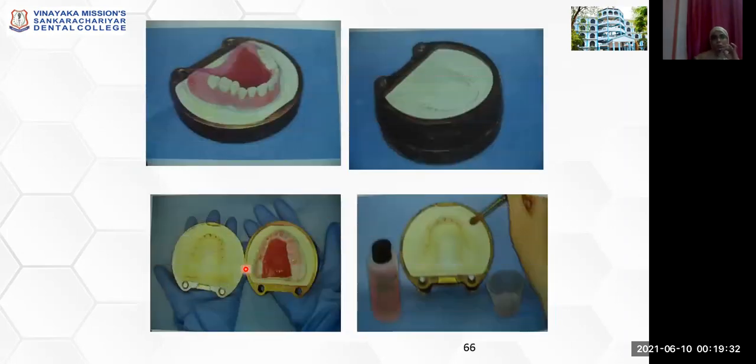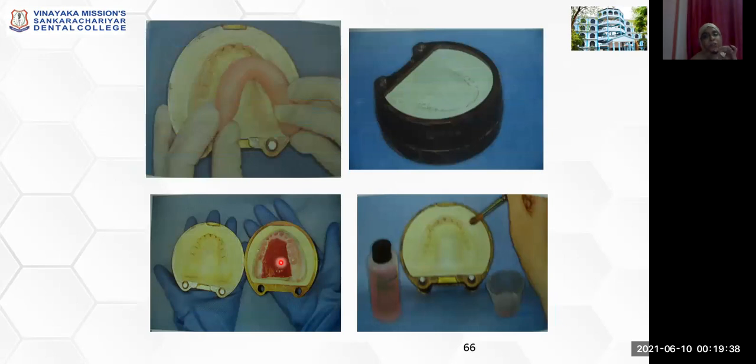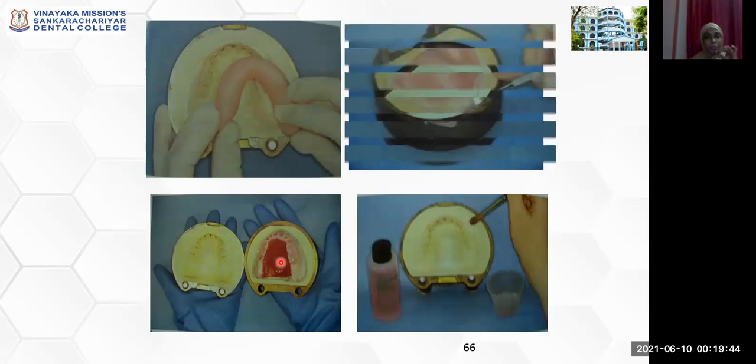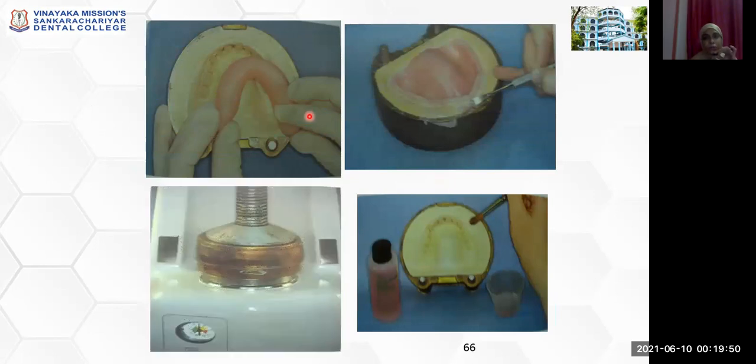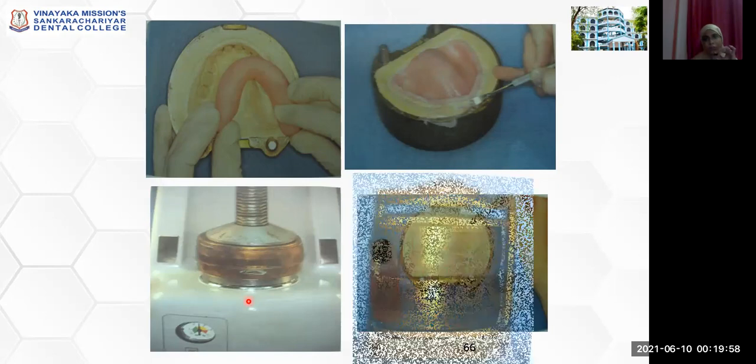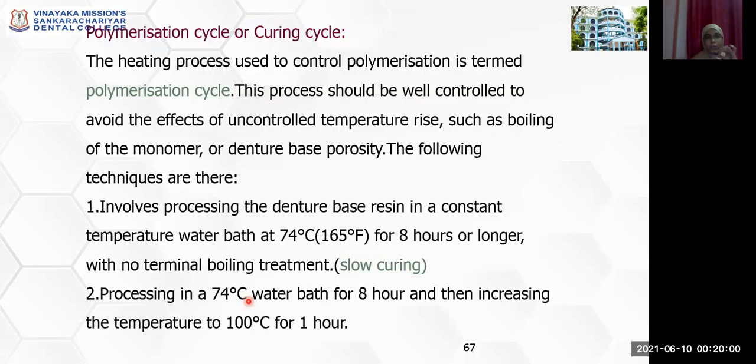So the mold space is prepared, you apply the separating medium, and then you pack it with the polymer monomer mix in the dough stage. Then you do a trial process and remove all the excess. Then you pack it; a hydraulic bench press or a mechanical press can be used, and then you allow it to bench cure for around an hour.